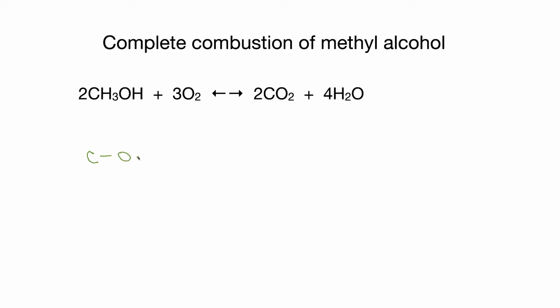Okay. So here's another one, methyl alcohol. Here's our equation. Again, we have to be able to write this down in our Lewis dot. So we have CH3OH. Remember, C is going to be your center. We have an OH, and we have 3 hydrogens on here.